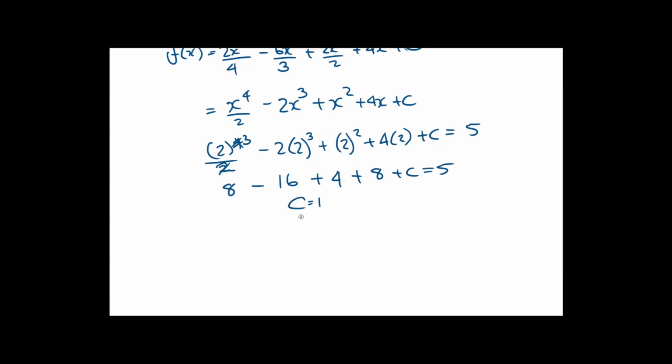Now we know the original equation. So f of x is going to be x to the power of 4 over 2 minus 2x cubed plus x squared plus 4x plus 1. You know what the c is now. And that's how that's done.